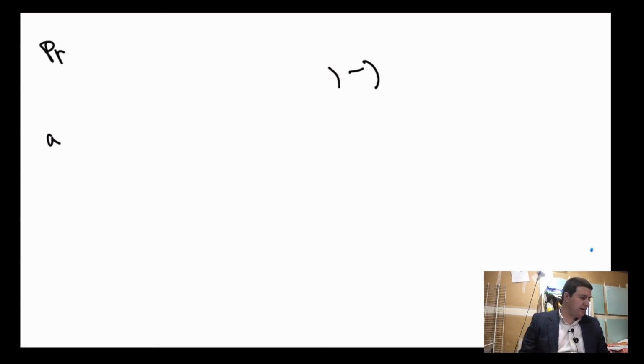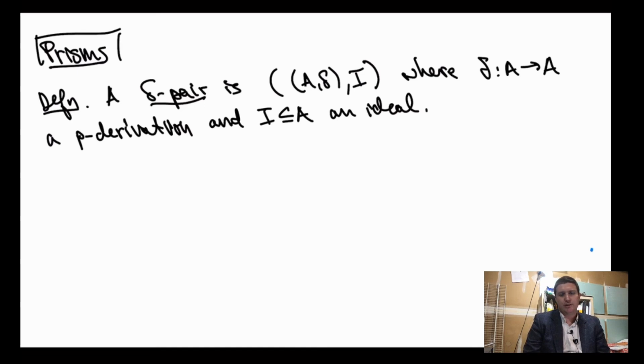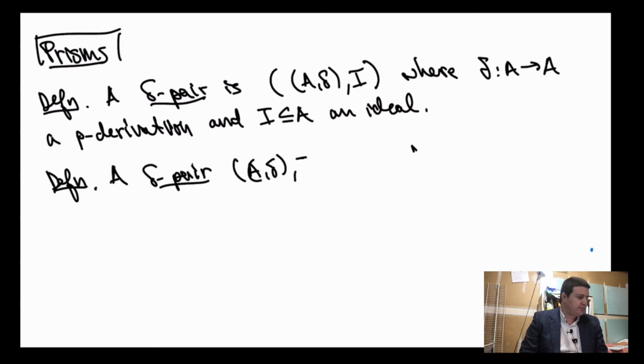Okay, and it's worth comparing. I guess another thing to say is that prisms in prismatic cohomology inherently involve p derivations, and they're a Wittferential construction, right?